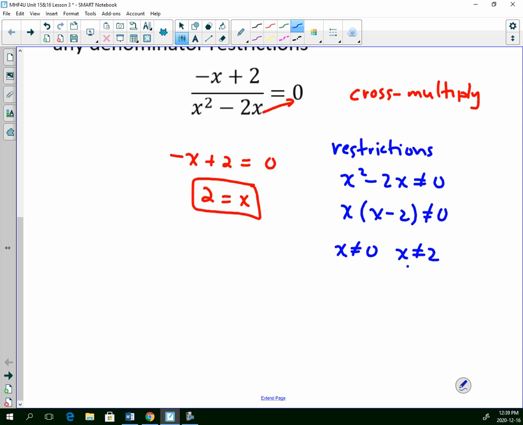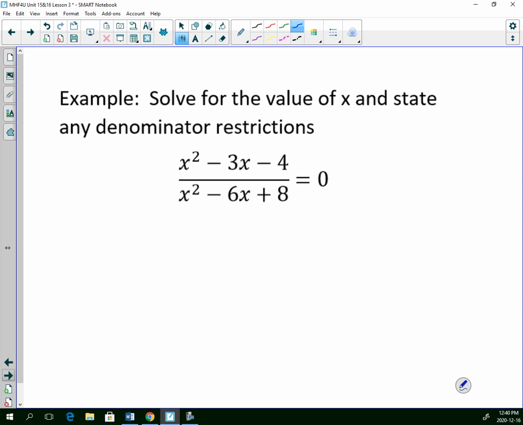And then you will notice that my solution is also one of the restrictions. So that means that I have no solution, because although I did solve for x, that value is going to give me an undefined answer, and therefore there is no solution. So always make sure that you check your restrictions and make sure that that's not one of the solutions.